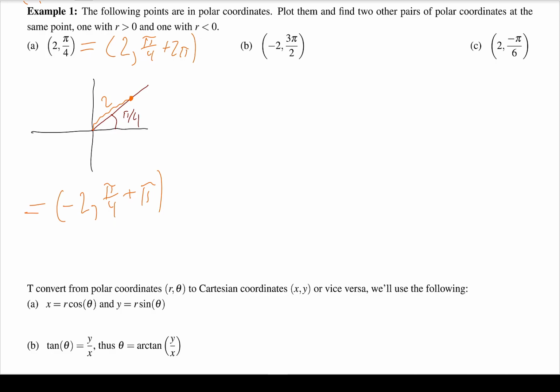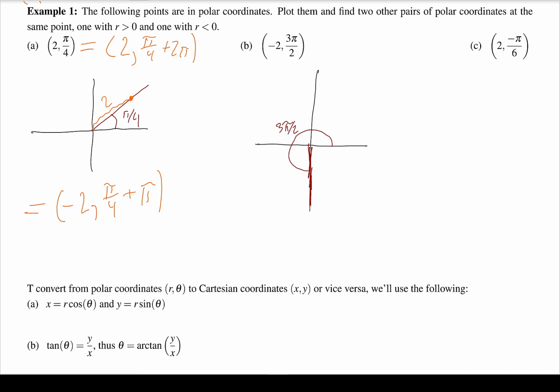Okay, now let's look at part B. So we want to rotate by 3 pi over 2. So that would be to here. So that means that I'm going to be traveling along this axis right here.